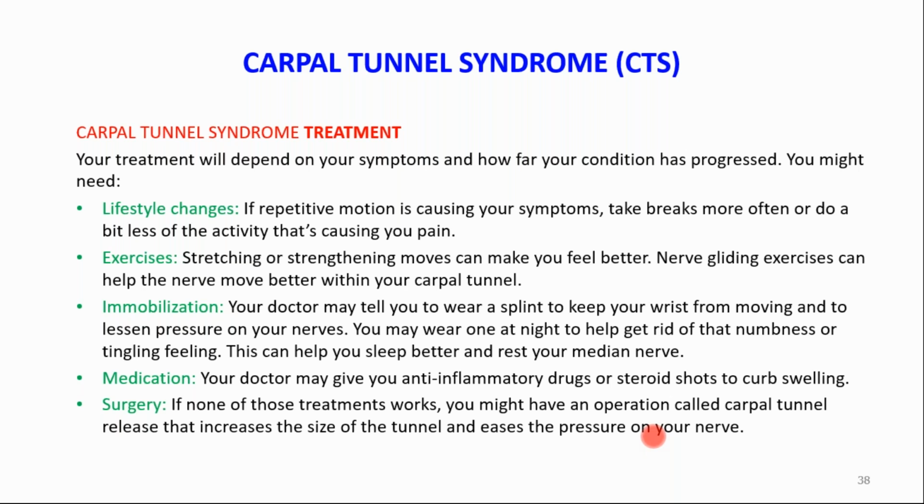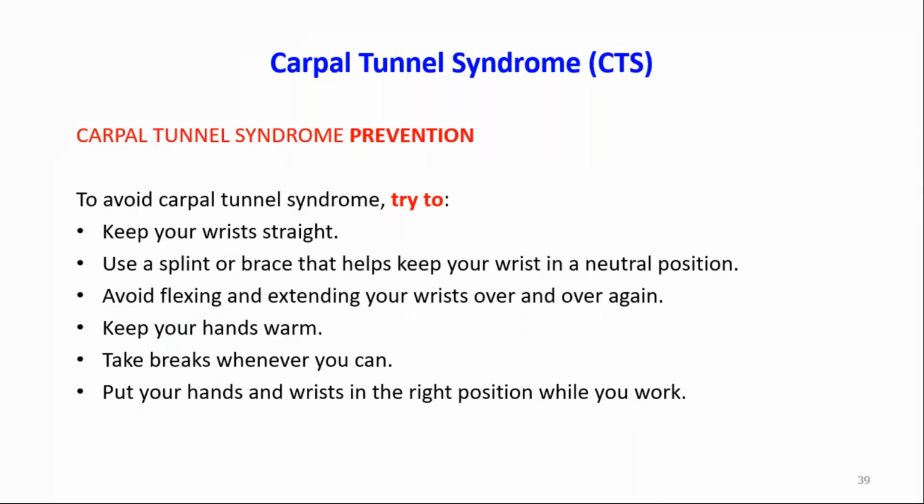If there is no remedy to reduce this pressure, then we have to go for surgery. In the surgery, they increase the size of that tunnel to reduce the pressure. So these are some of the treatments of this CTS.